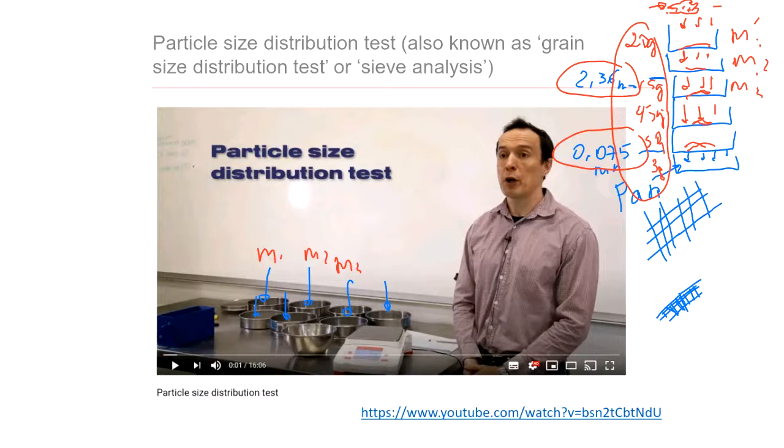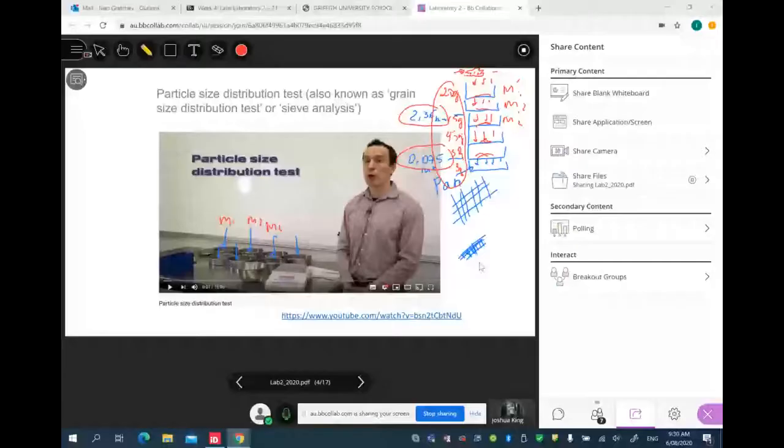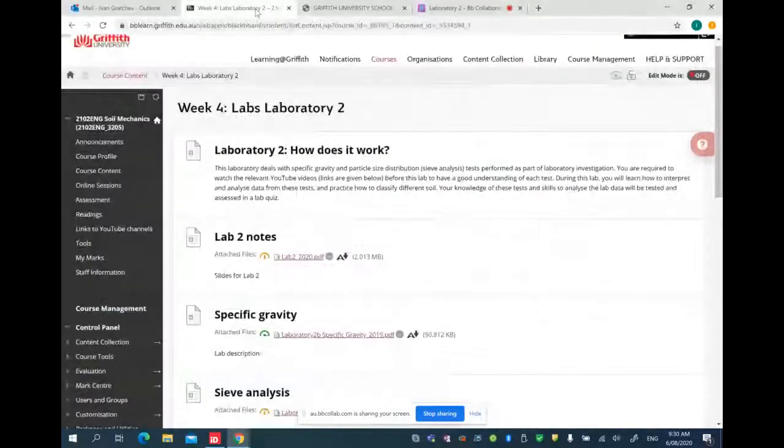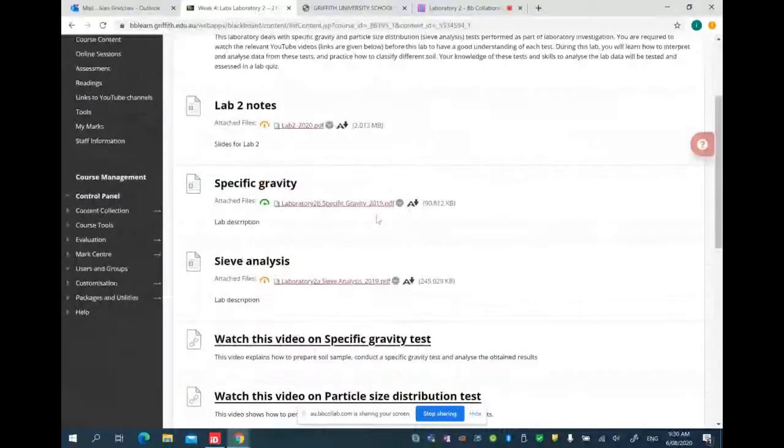So I want to show you an example. Again, I'm going to share my screen with you. Application share. So this is Sieve analysis.